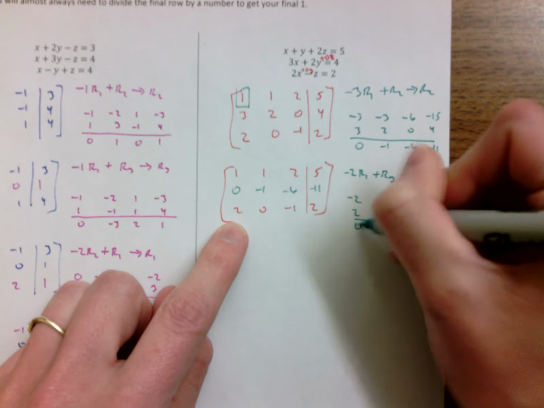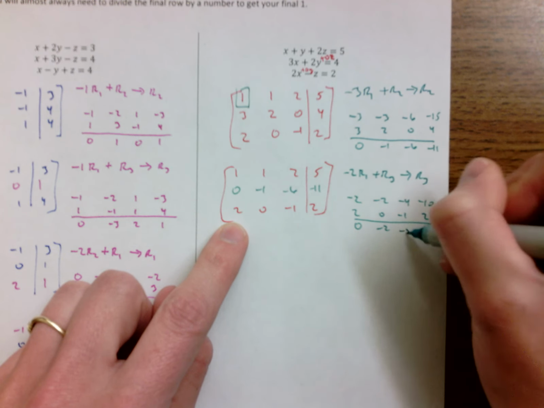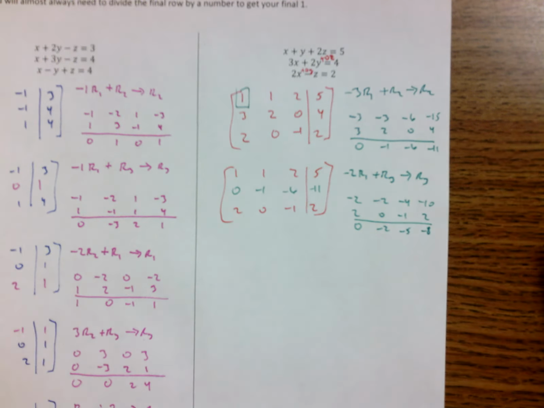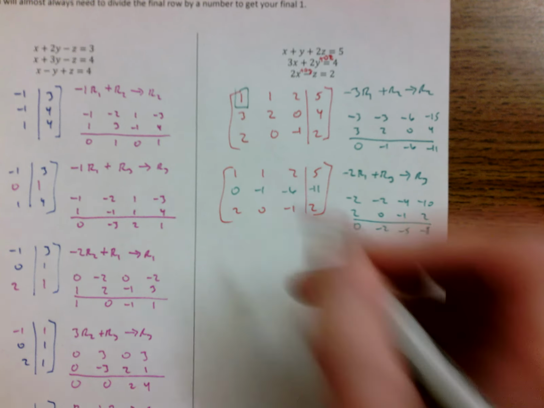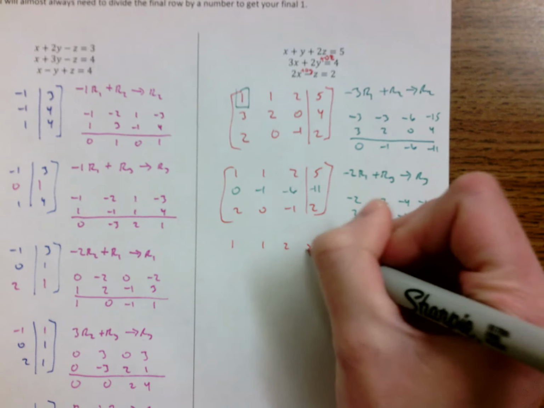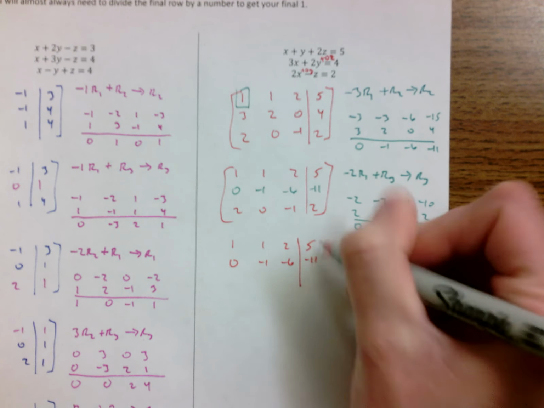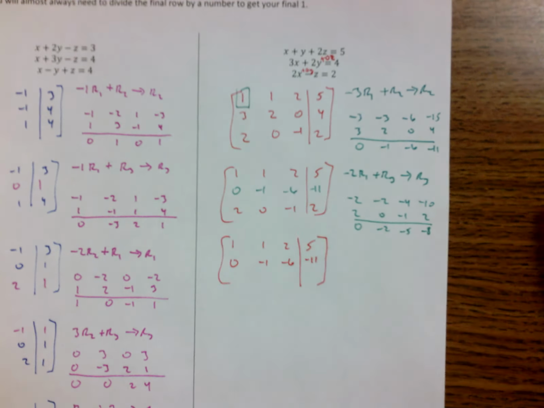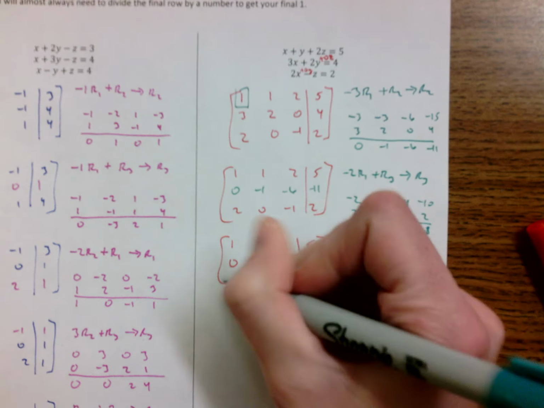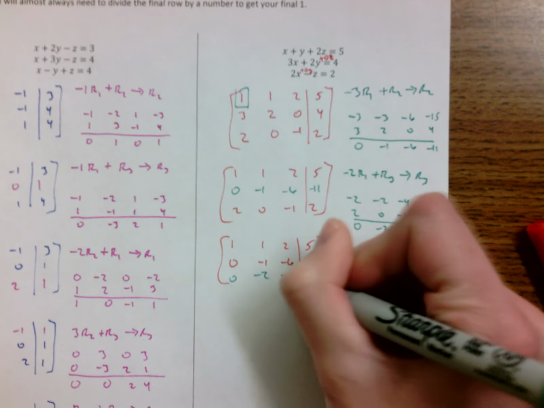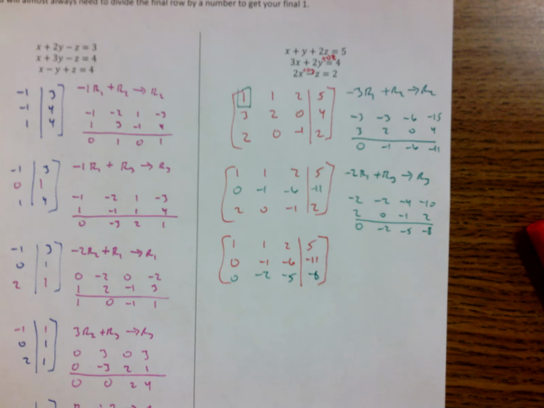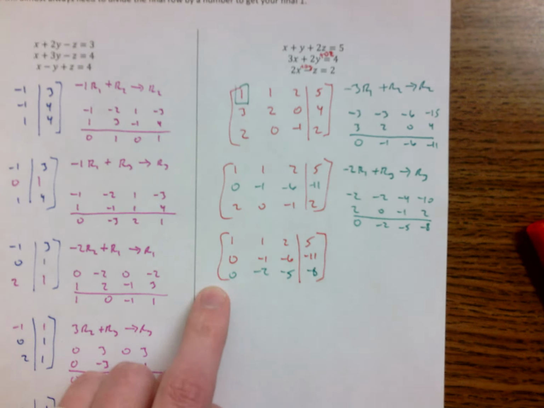So that's going to be 0, -2, -5, -8. The top 2 rows did not change. And this guy, we said we were putting in row 3. So this is going into row 3. All right, and now we're done with that column.